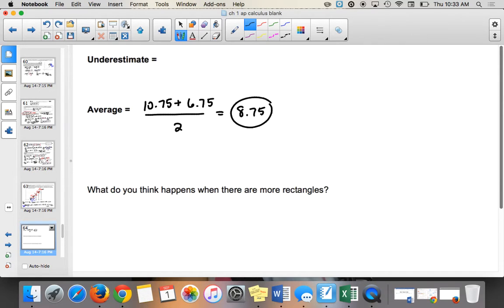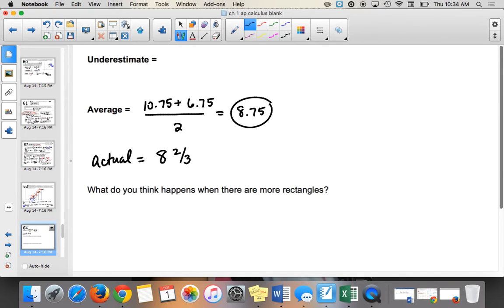This is very, very close to the true area. In calculus, a little before second semester, we're going to start talking about how to find the area under a curve. The actual answer is 8 2/3. So even using just 4 rectangles, we got a pretty accurate answer, right? 8.6 repeating versus 8.75. Those are pretty darn close.